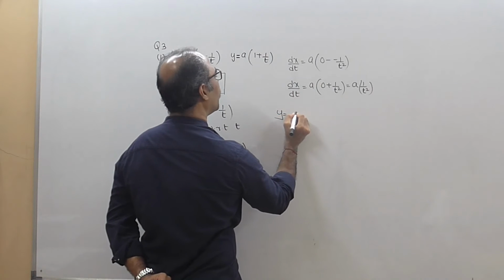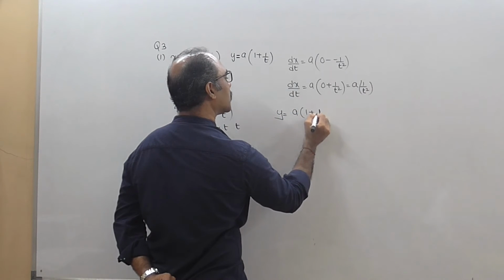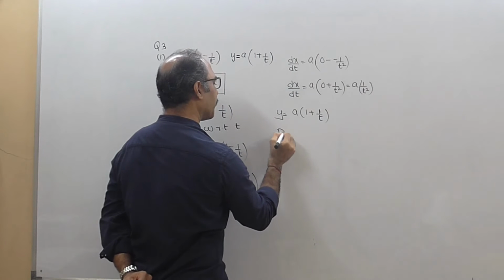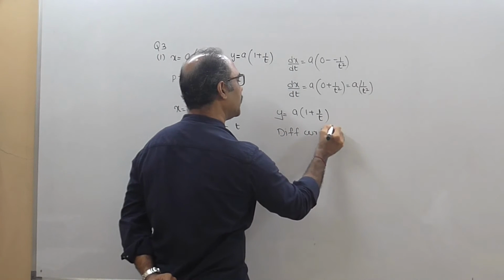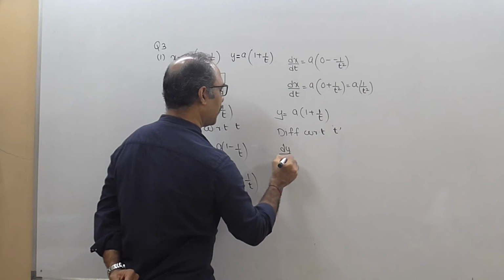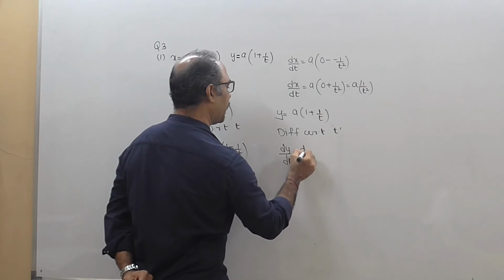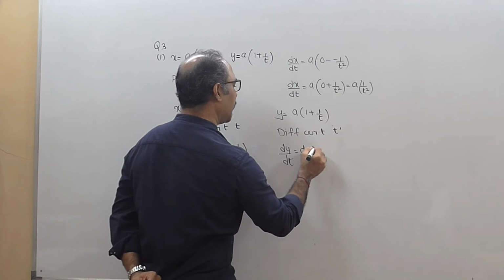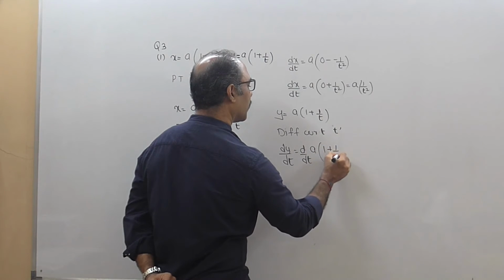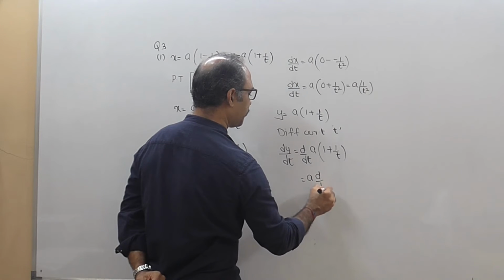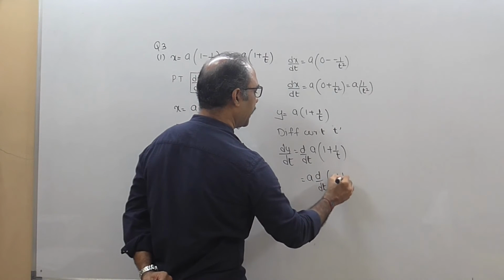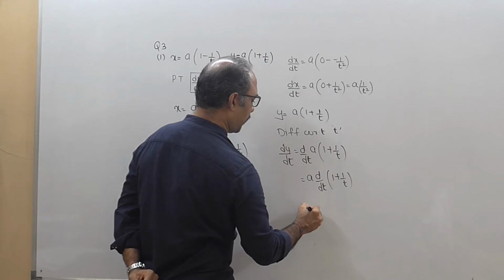You can go for y equal to a into 1 plus 1 upon t. Again differentiate with respect to t because t is the parameter. So we have dy upon dt equal to d by dt of a into 1 plus 1 upon t, a outside, d by dt of 1 plus 1 upon t.